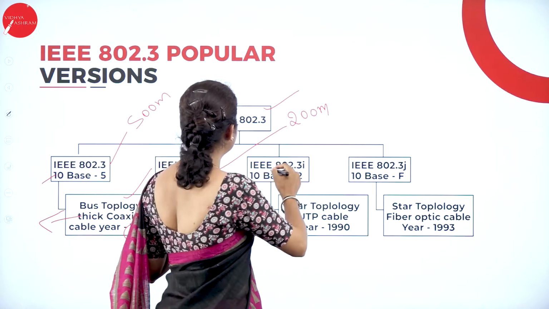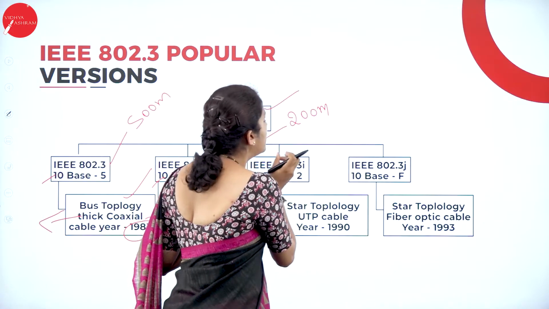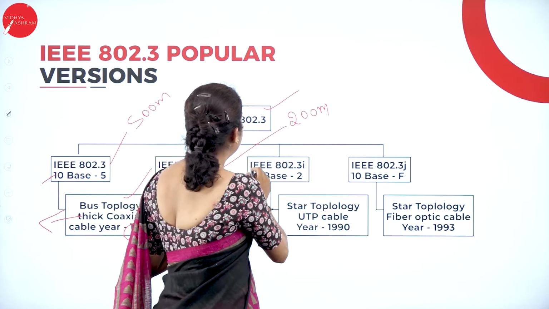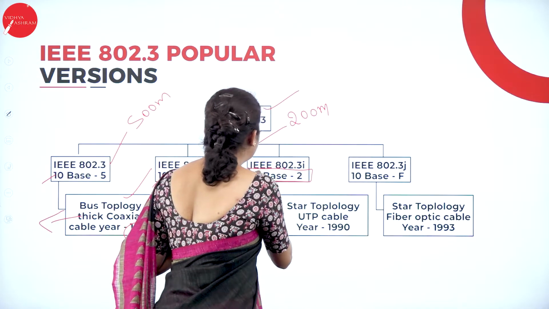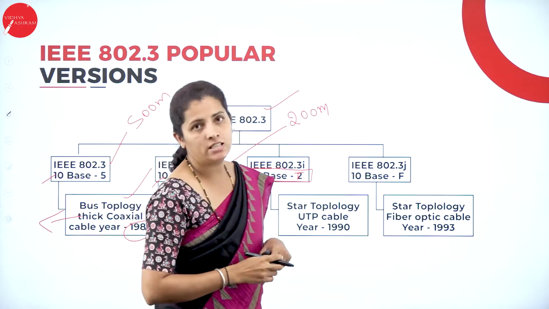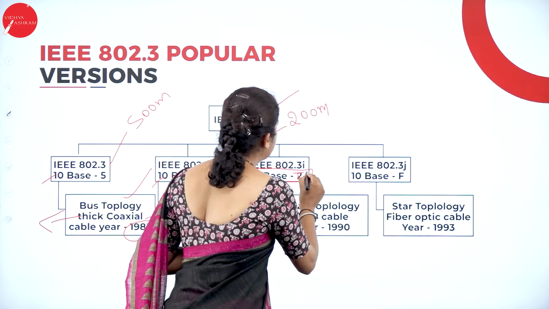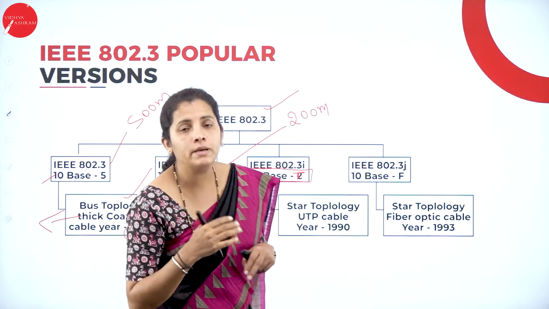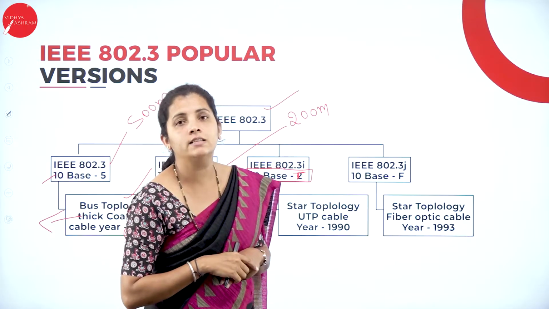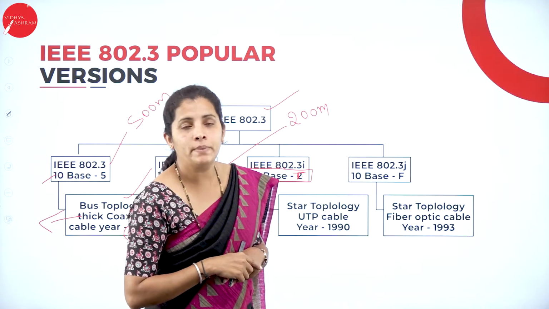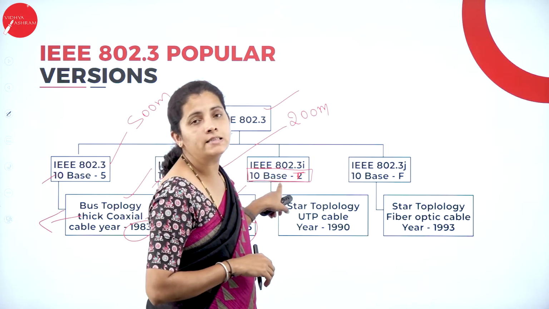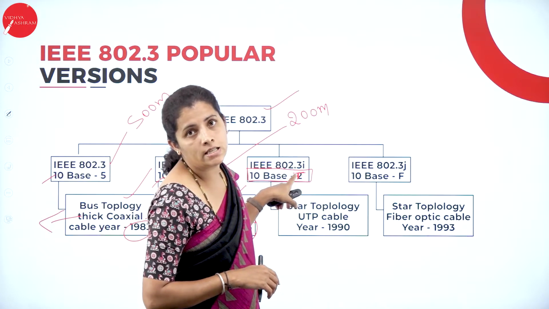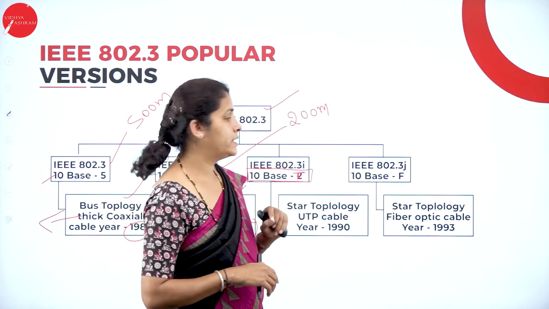And the third version of IEEE 802.3 here is IEEE 802.3I, and the standard here is 10 base T. I repeat, here it is 10 base T. So what is 10? 10 is nothing but the data transfer rate, that is 10 Mbps, whereas base is baseband transmission and T is twisted pair cable.